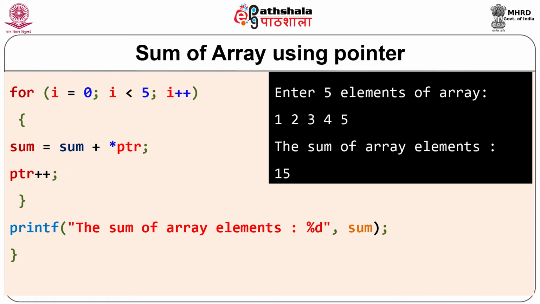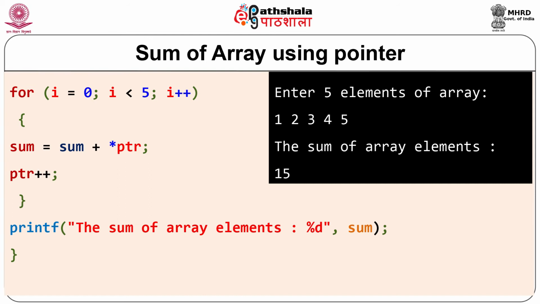Next statement, that is for i = 0; i < 5; i++, and under this for statement we have the body of the for loop like sum = sum + *pointer and pointer++.